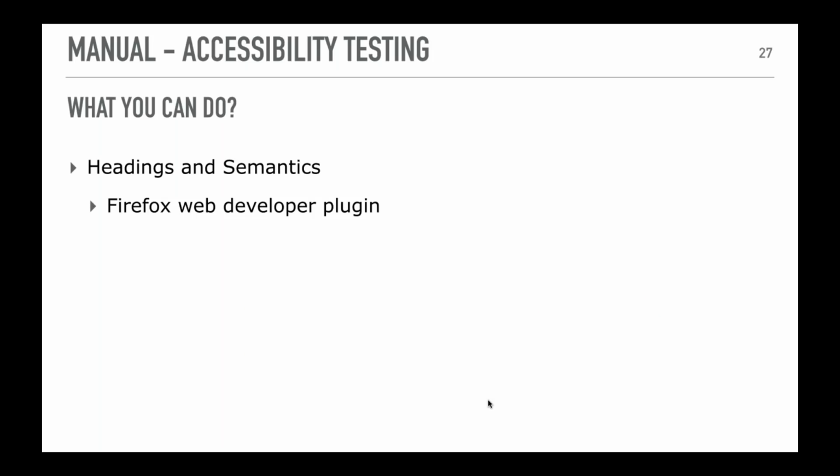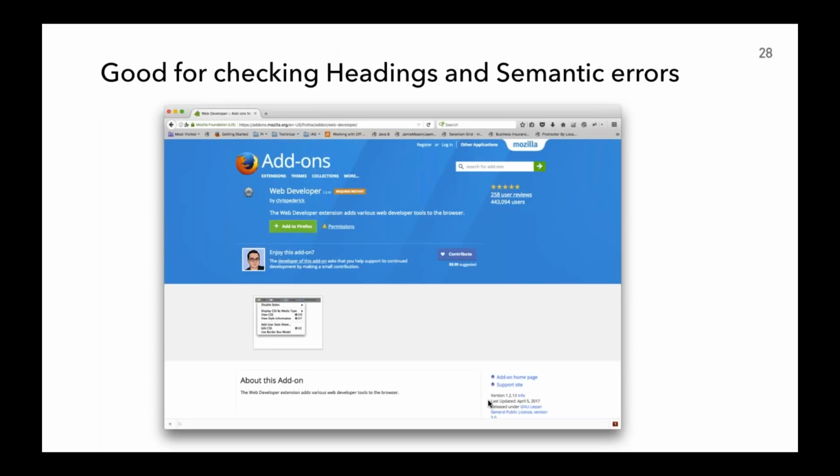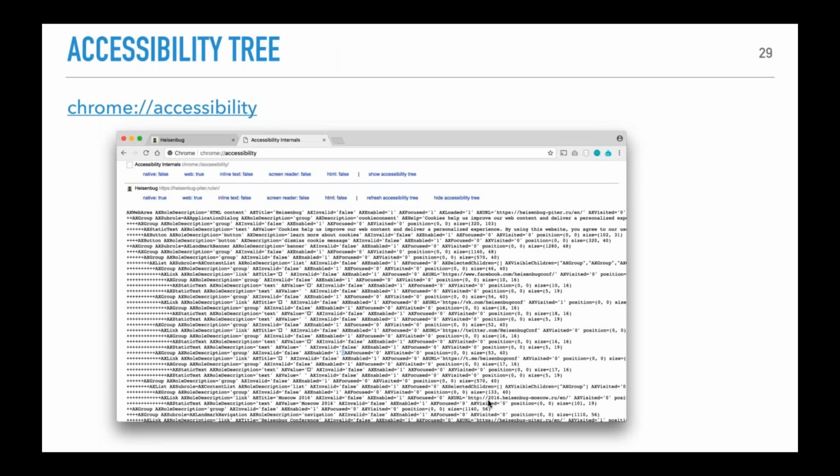There's also a neat Firefox plugin that you can use, which helps in checking the headings and semantics, which you can download later and find. And also on Chrome, you can just go to chrome://accessibility, and it will list all the open tabs, and you can click on show accessibility tree and see how the tree looks.